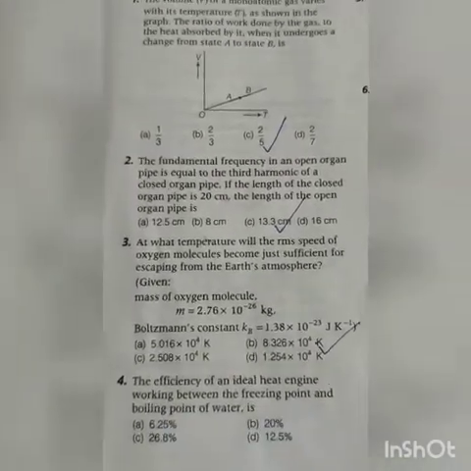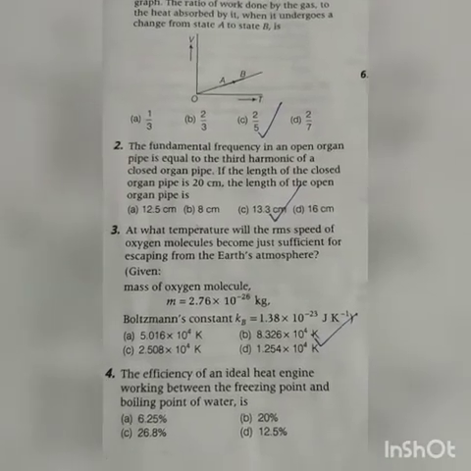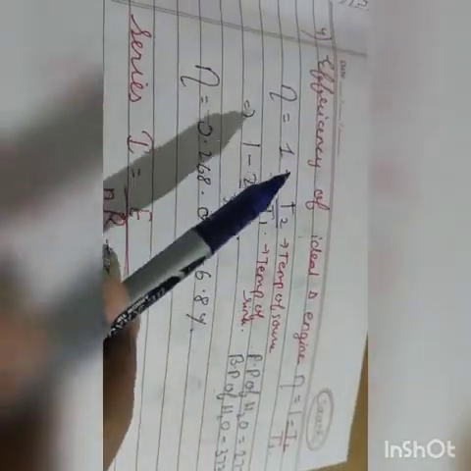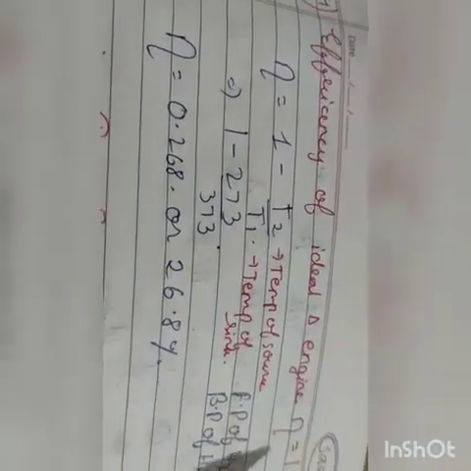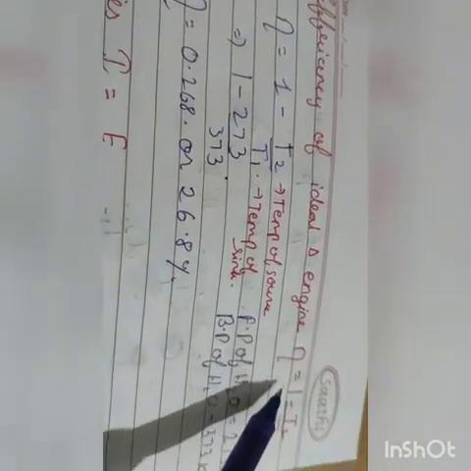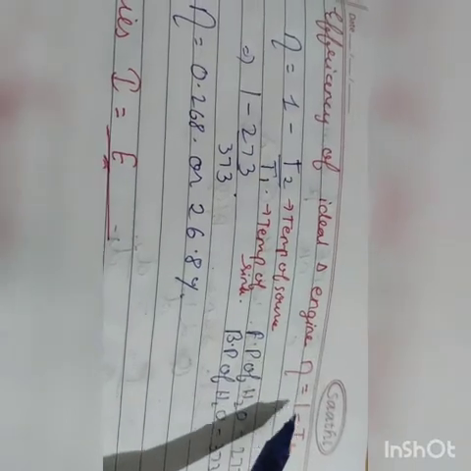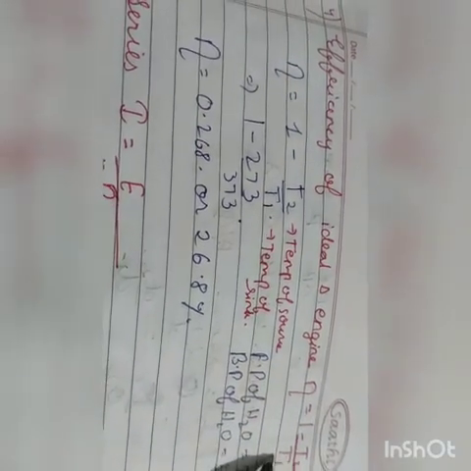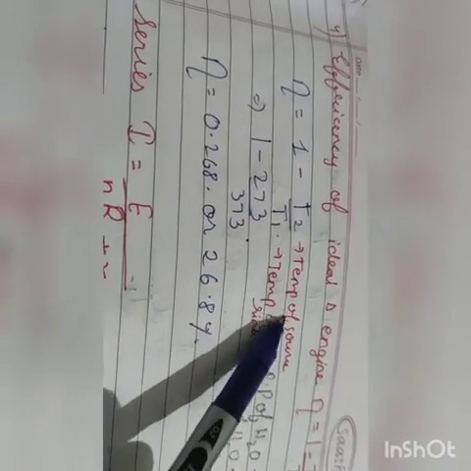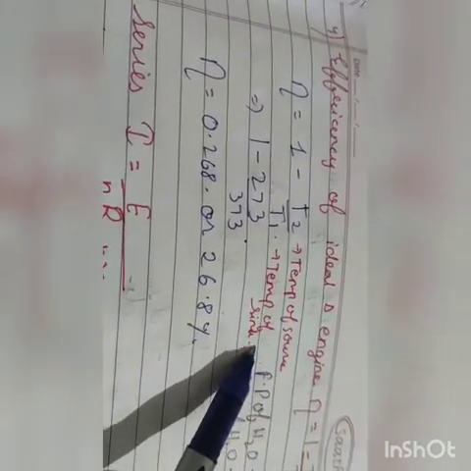Now question number 4. The efficiency of an ideal heat engine working between the freezing point and boiling point of water is. So here our correct solution is, efficiency of ideal heat engine is eta, denoted as eta, that is 1 minus T2 by T1. So T2 is the temperature of source and T1 is the temperature of sink.